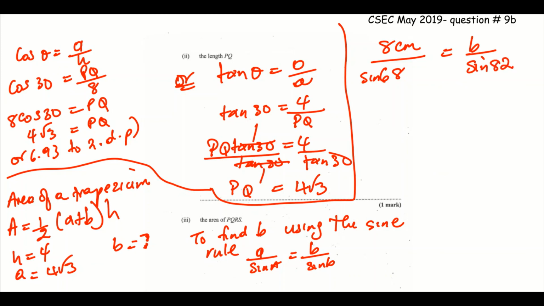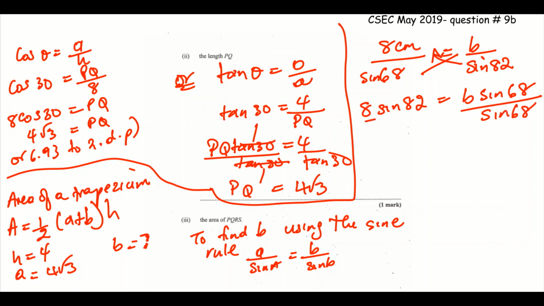And we can go ahead and transpose for b. So let's cross multiply and transpose for b. So we have 8 sine 82 is equal to b sine 68. And we solve for b by dividing both sides by sine 68.